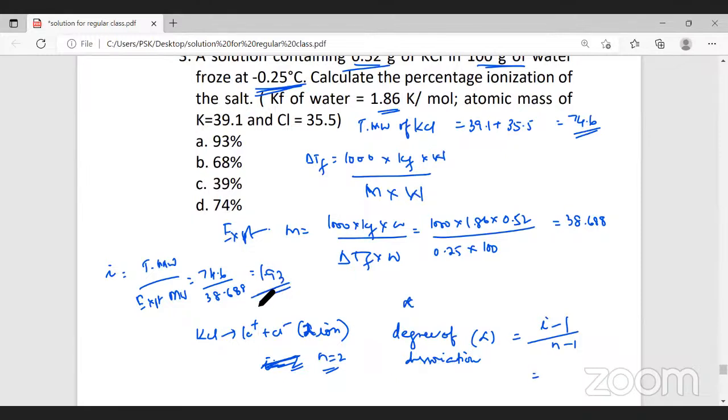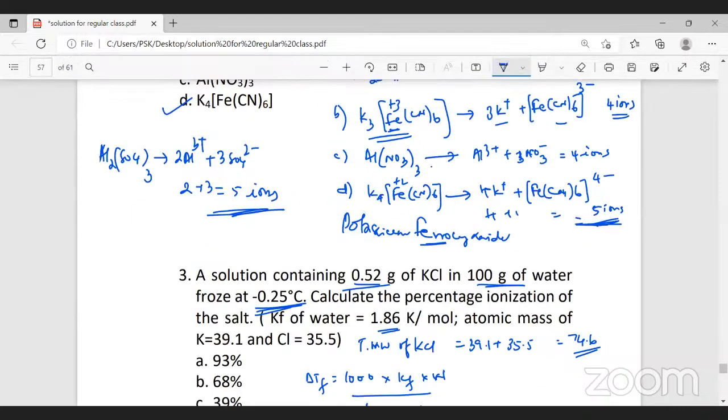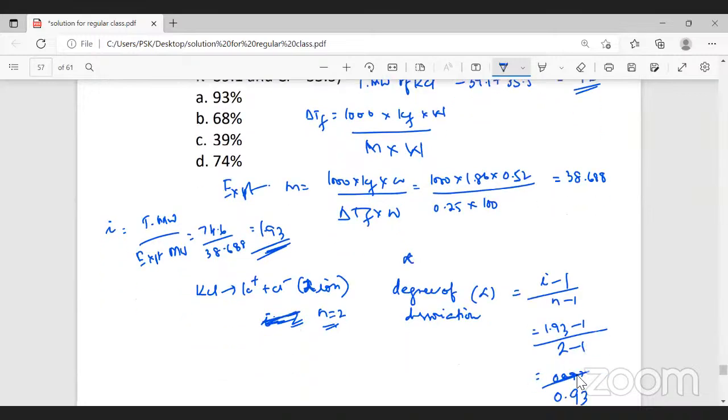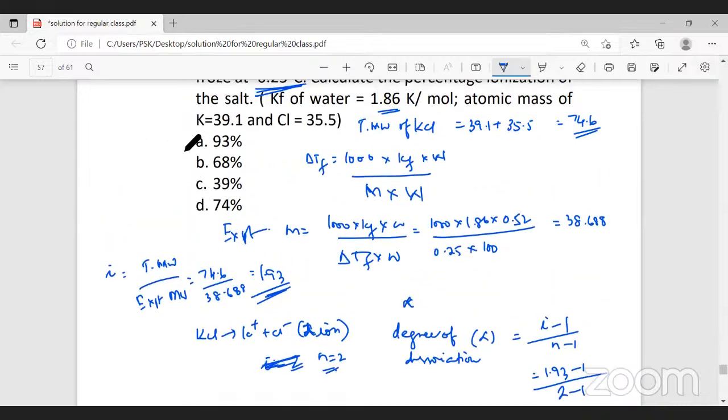We calculated i as 1.93 and n as 2. So 1.93 minus 1 divided by 2 minus 1 gives 0.93. Since the answers are in percentage, multiply by 100 to get 93%. Therefore, the answer for this question is option A, 93%.